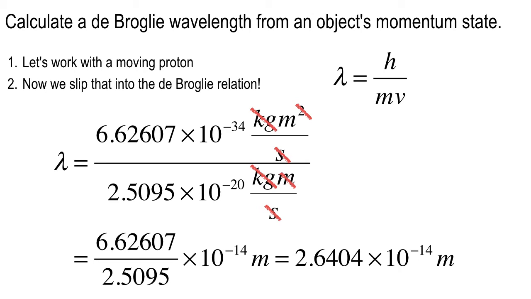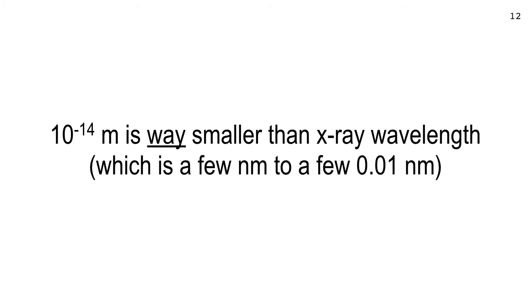Your calculational lives depend on this calculation. All right, comment. 10 to the minus 14 meters is way smaller than an X-ray wavelength. X-ray wavelengths are maybe a few nanometers down to a few hundredths of a nanometer.